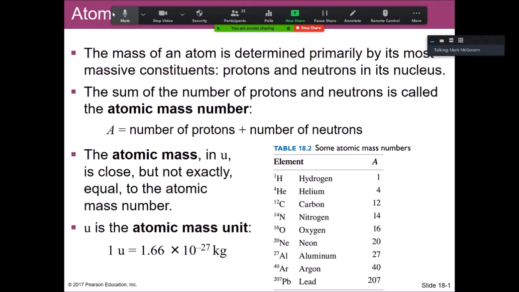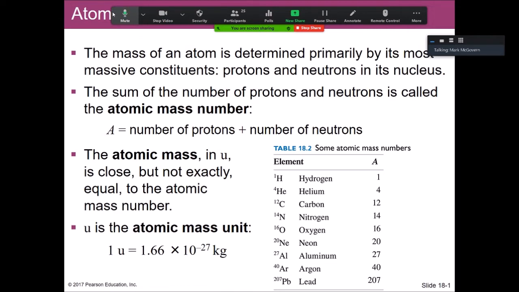Now, in an atom, the amount of mass that an atom has is almost entirely determined by its nucleus. Yes, electrons have mass, but it's extremely small. It's less than a thousandth of the proton's mass, and protons and neutrons are effectively the same mass.